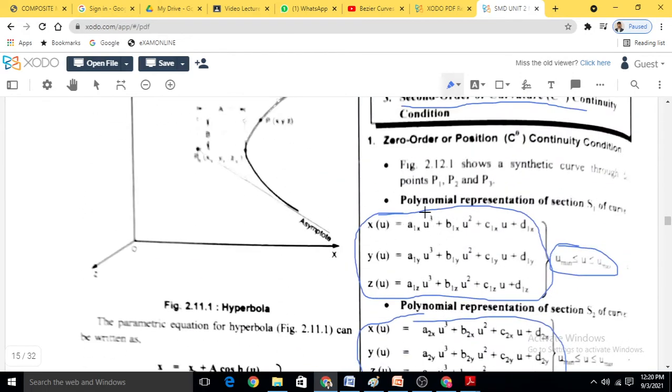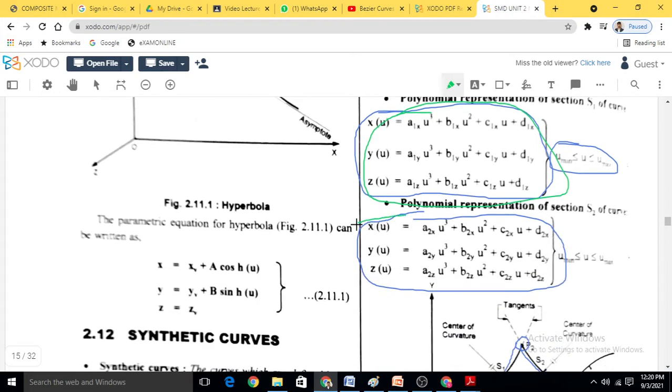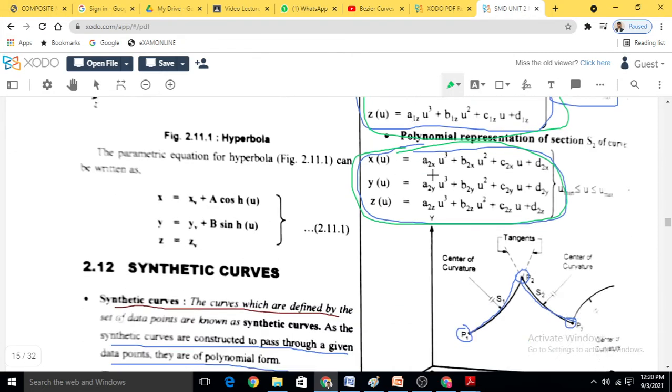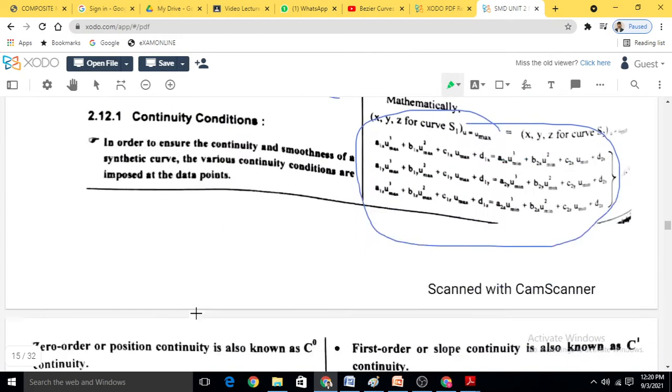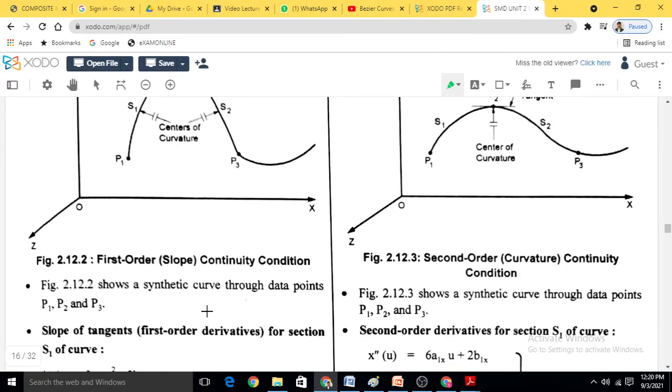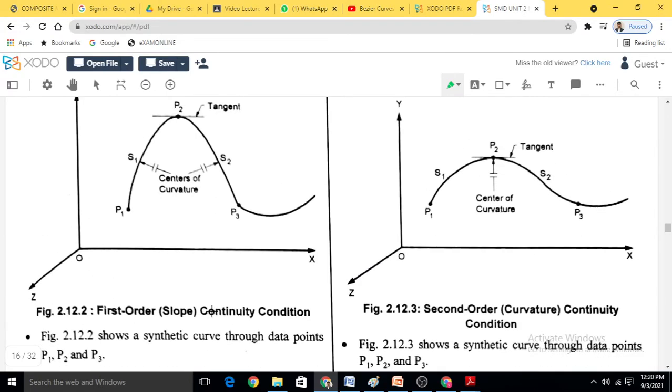If we consider this polynomial, this polynomial will represent section 1 of the curve, and this polynomial will represent section 2 of the curve. Now if we take the derivative of this polynomial, then we will get the first order continuity, called slope continuity.